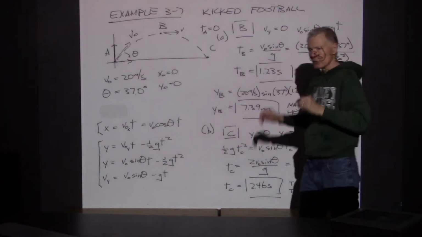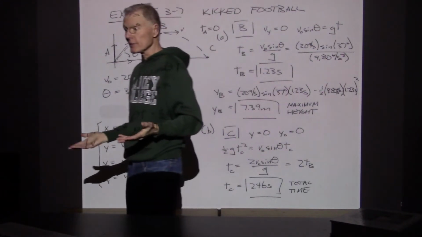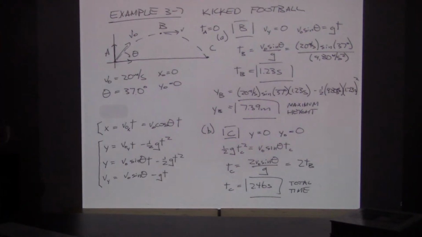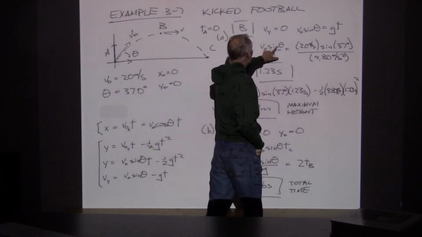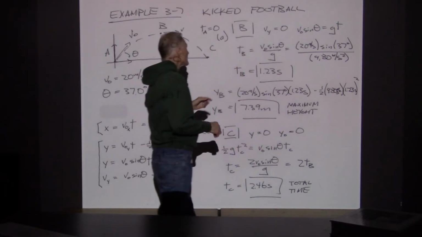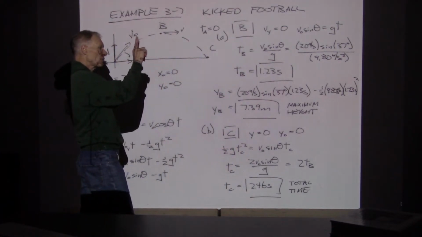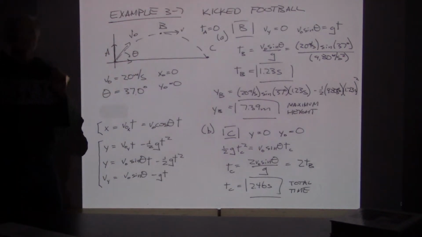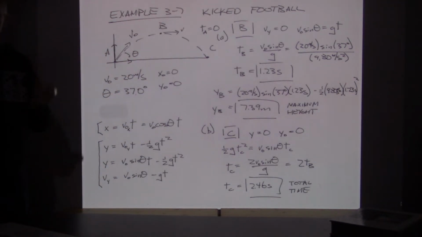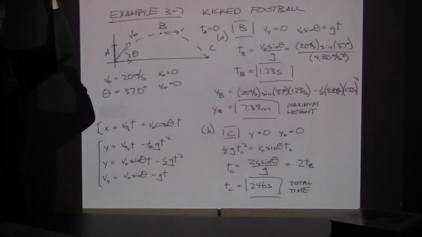So this football gets kicked. There's no air resistance. Once again, we're on the moon. There's no atmosphere. And it's going to take 1.23 seconds to reach that height, given what the initial velocity was in the y direction. So what's happening here is the initial velocity in the y, along with knowing the gravitational field, is enough information to determine how much time it will take until it stops going up.